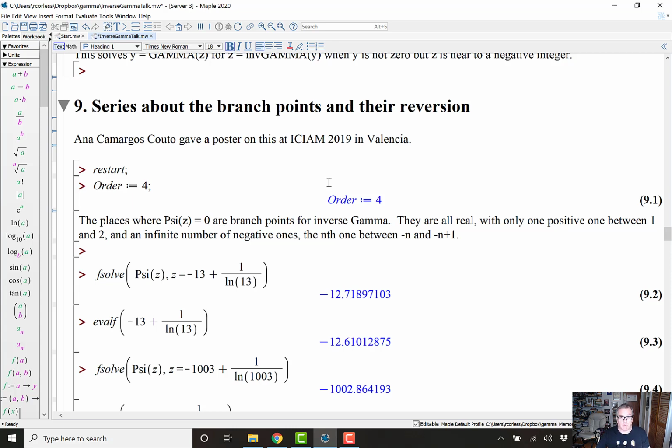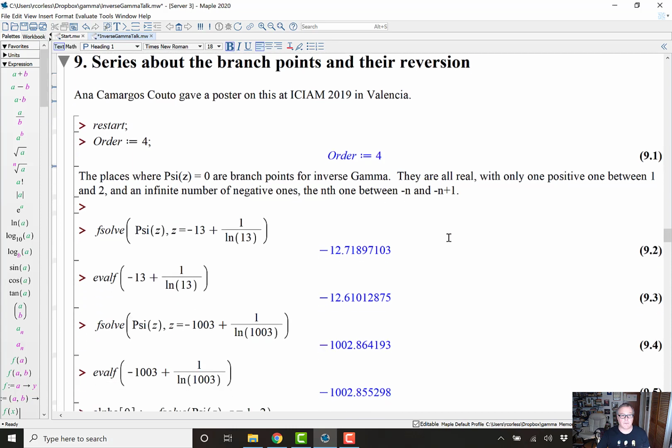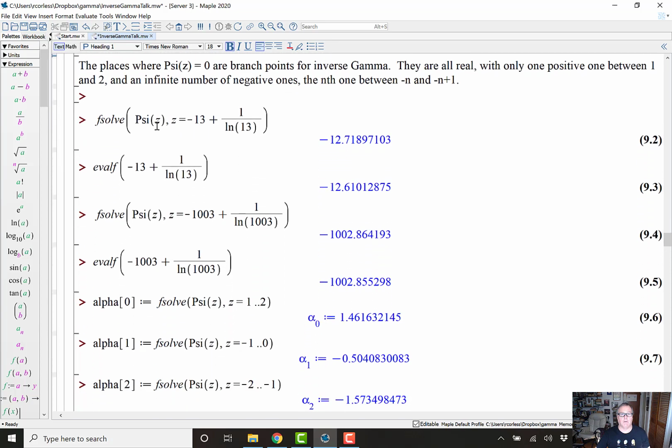These are all real, with only one positive branch point between 1 and 2, and an infinite number of negative ones. And the nth one is between minus N and minus N plus 1. So, for example, if we look for a 0 of psi of Z near minus 13, we pick the term plus 1 over log 13, and we get minus 12.71, and away we go.